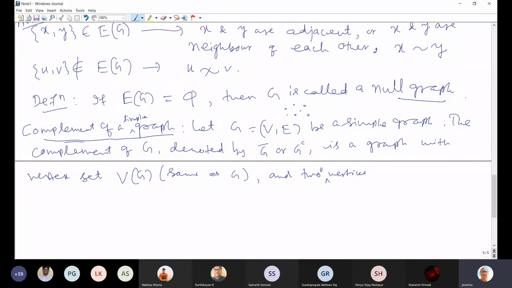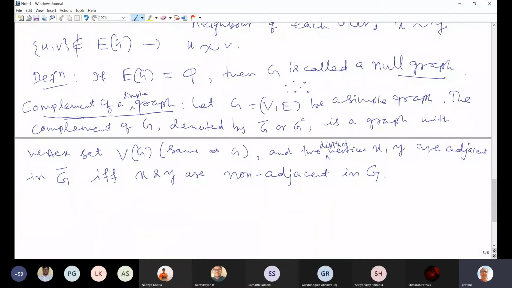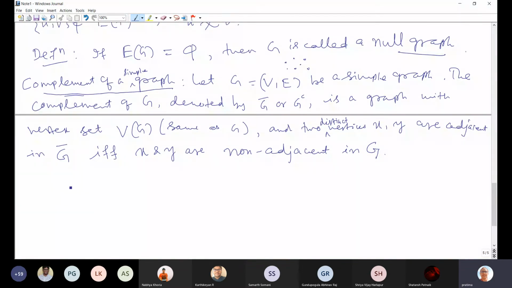So that is what the complement graph is: a graph with vertex set V(G), and two distinct vertices, we are not considering self loops, x and y are adjacent in G bar, the complement, if and only if x and y are non-adjacent in G. So you can think the vertex set of G bar is the vertex set of G. They have the same vertex set.